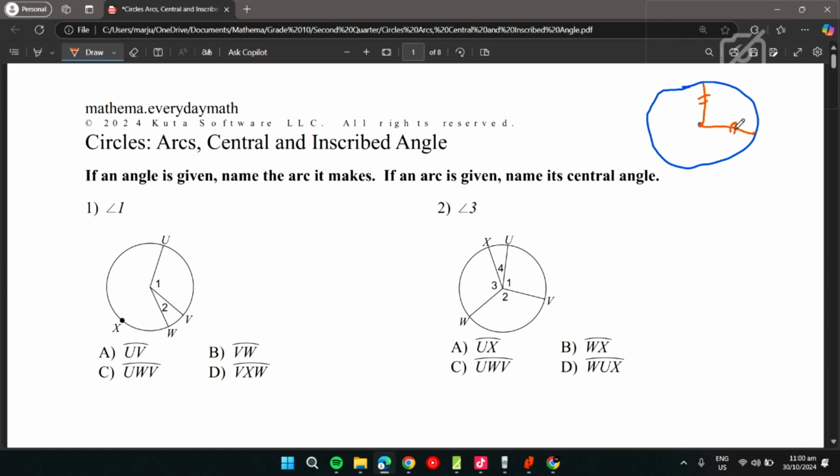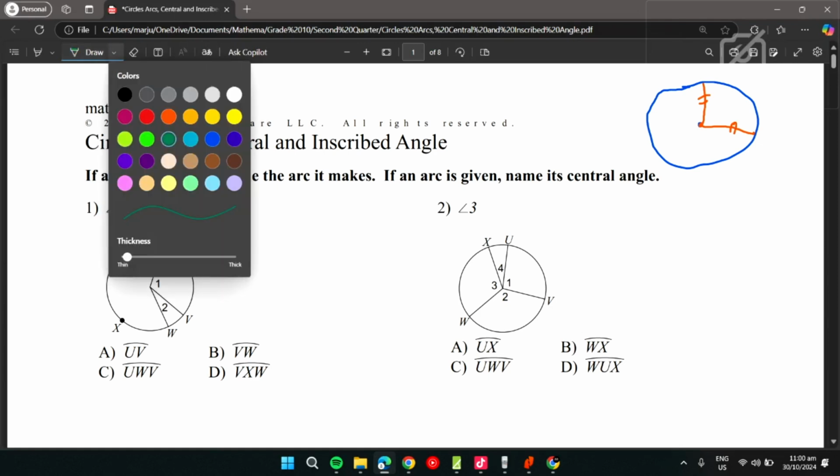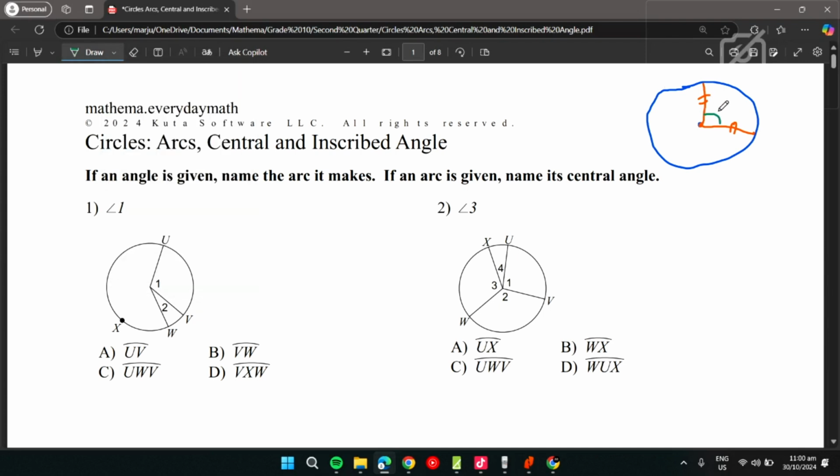Lahat ng radius ng isang circle, they're always equal or congruent. Alright? Now, remember, we actually form an angle dito. Anong tawag sa angle na yan? That is what we call central angle. So, in other words, yung central angle pala is nabubuo using 2 radii of a circle.